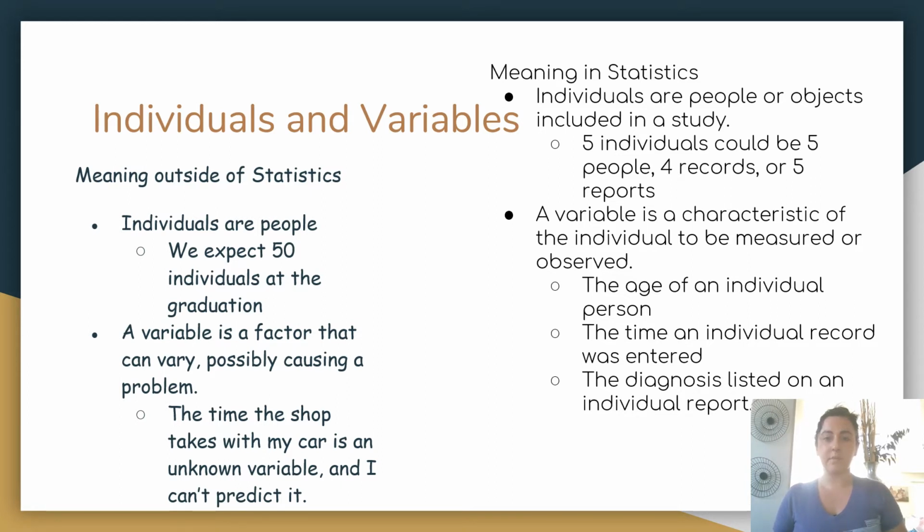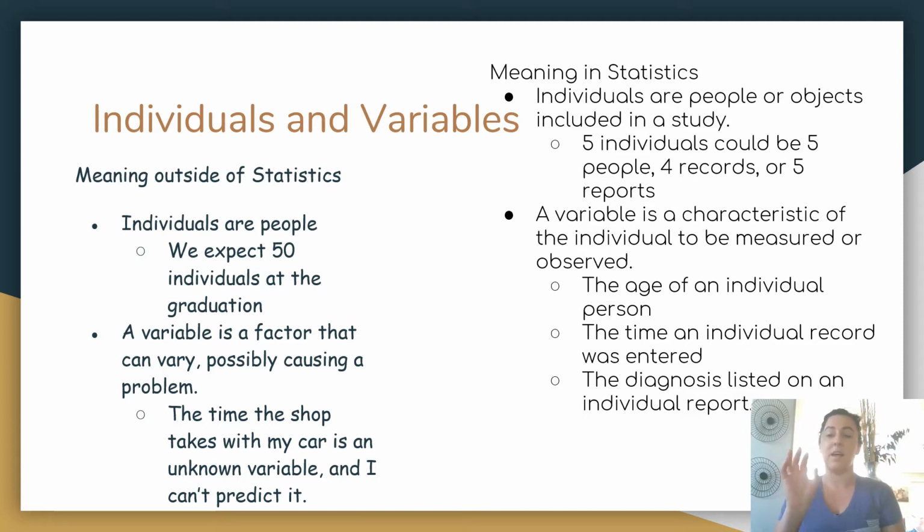Now looking at variables. In statistics, a variable is a characteristic of the individual to be measured or observed. Within statistics, we're not saying, I don't know about that, I can't measure it, it's a problem. No, we're not doing that. This is a characteristic of this individual.